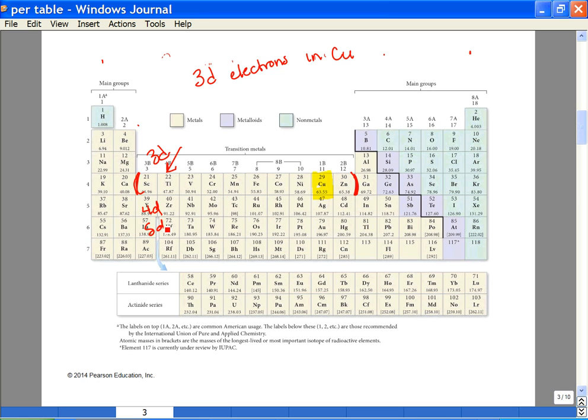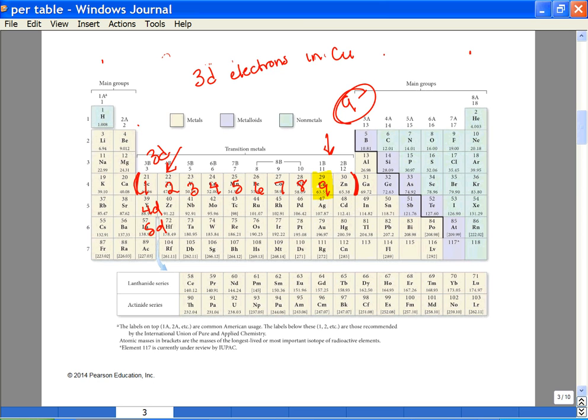Okay, so we count over 1, 2, 3, 4, 5, 6, 7, 8, 9. There's 9 3D electrons. Okay, and you do the other ones the same way.